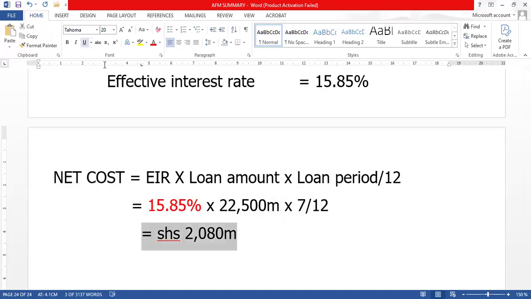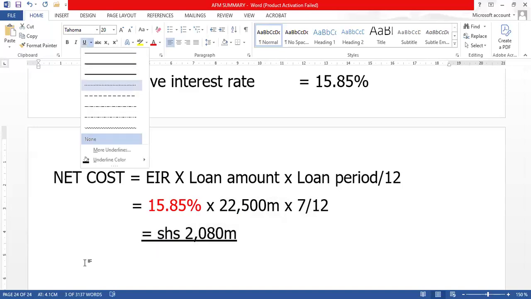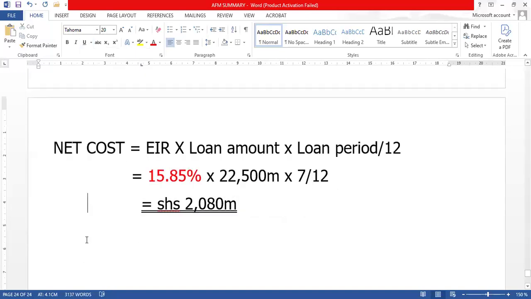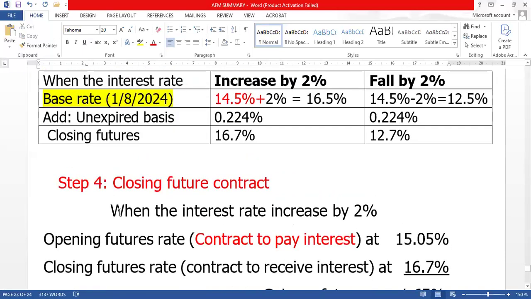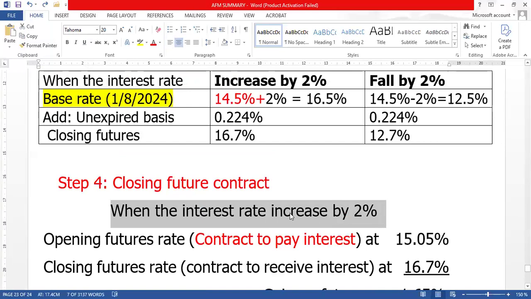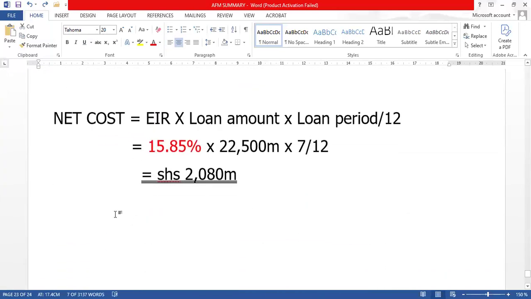So that is your net effect cost, and that is the final answer. Now, you are not done, because you were looking at when the interest rate increased by 2%. Also look at the scenario when the interest rate decreases by 2%.